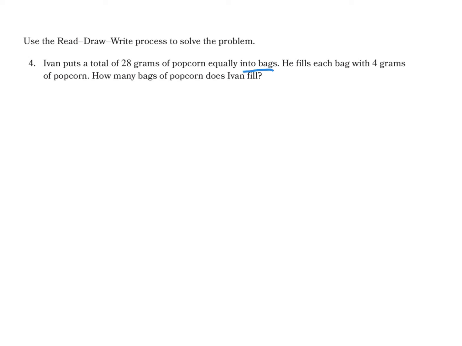Put them equally into bags. So that should be a clue that we're doing division. All right, can you go ahead and break this up using a tape diagram? Remember, each bag has 4 grams inside of it. Pause the video. After you've completed the problem, come back and compare and check your work.